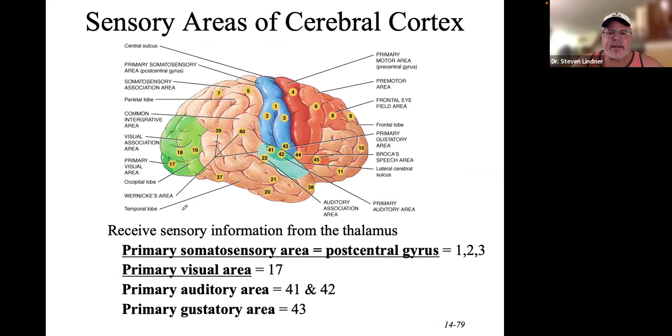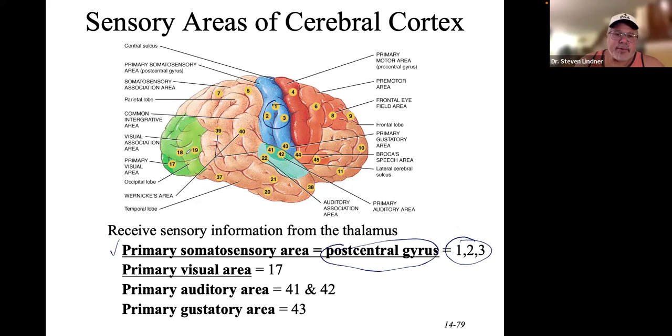What we're looking at here now is the cerebral cortex. Notice how there are different numbers here. In the field of neurology, they have numbered different parts of the brain to indicate what their primary functions are. If we look at areas 1, 2, and 3, right in here, that is your primary somatosensory area, which is the postcentral gyrus.